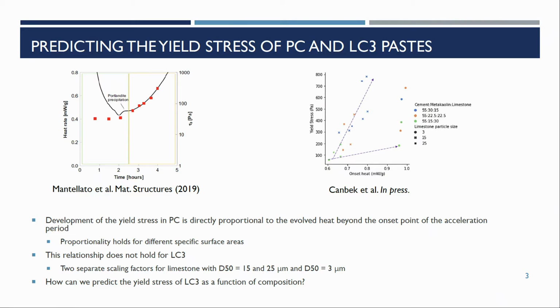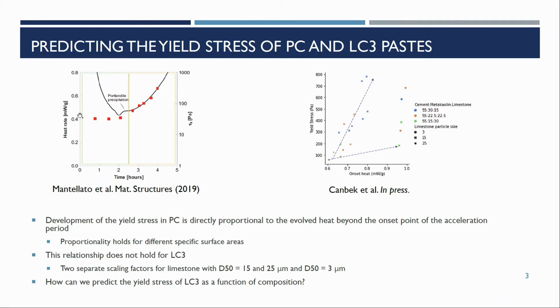In comparison with Portland cement, there was a nice study that came out a few years ago that clearly demonstrated a direct proportionality between the evolved heat beyond the onset of the acceleration period in Portland cement. So where the hydration really starts to take off is here.